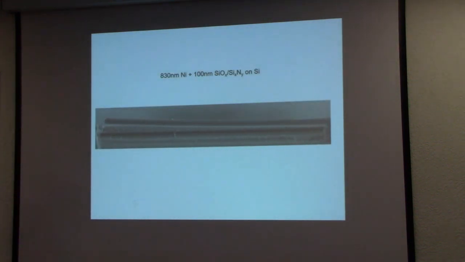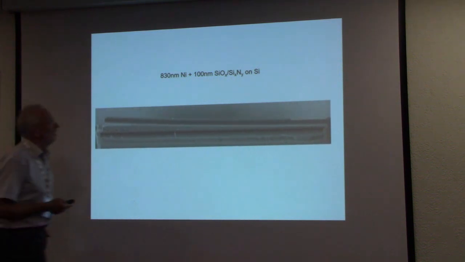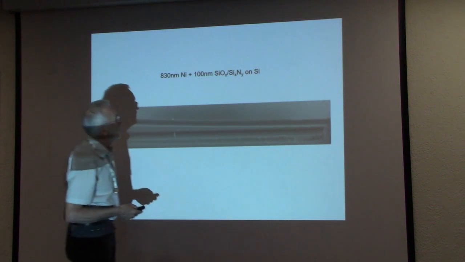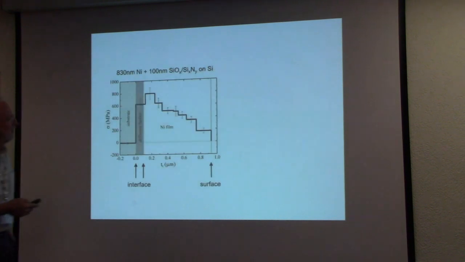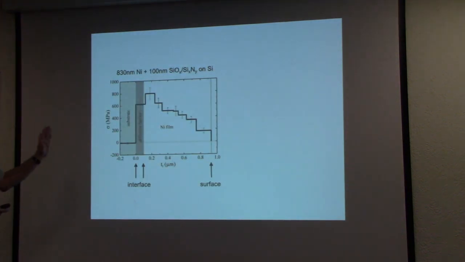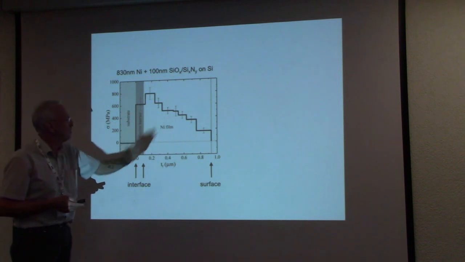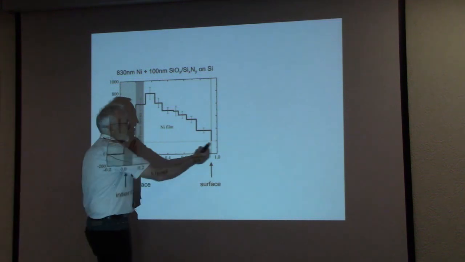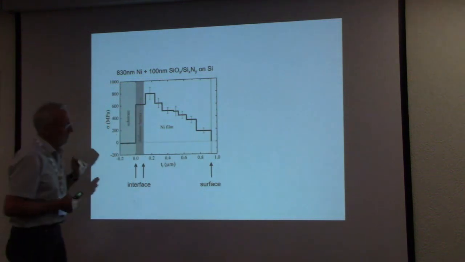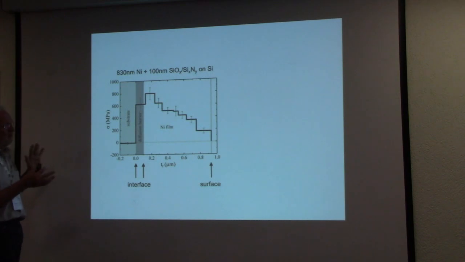Or here, this is another example, a nickel film, again on silicon. There's a nickel film and a silicon nitride film on silicon. In each of them, we could really determine the residual stresses, and they are usually not homogeneously distributed when the film size is significantly smaller than 1 micron.